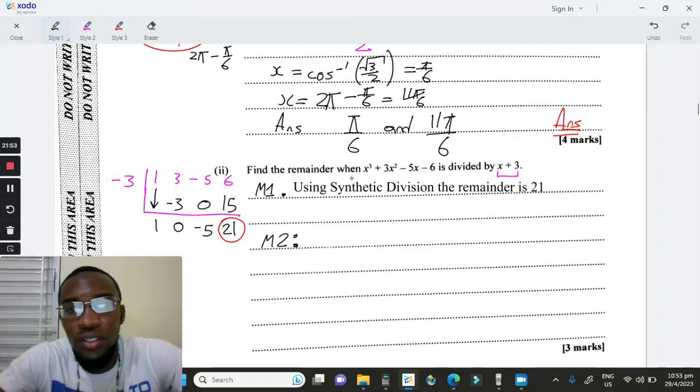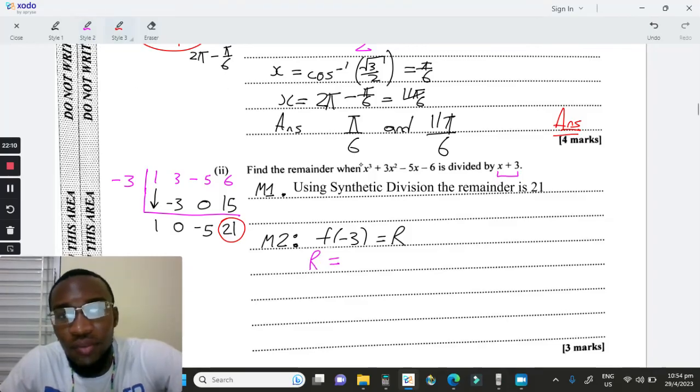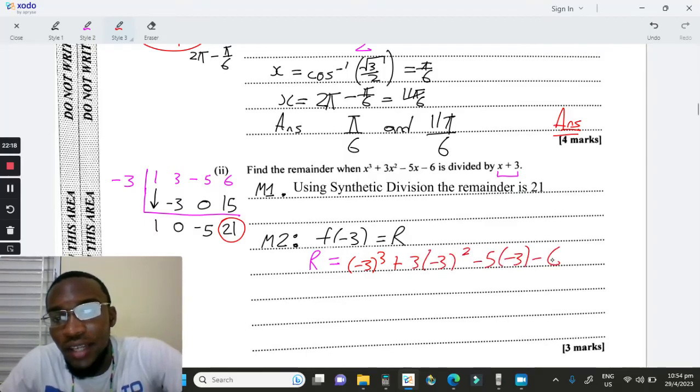Method 2, you could plug in negative 3. So f of negative 3 gives you the remainder. So the remainder equals, let's plug it in. This is now negative 3 cubed plus 3 times negative 3 squared minus 5 times negative 3 minus 6.